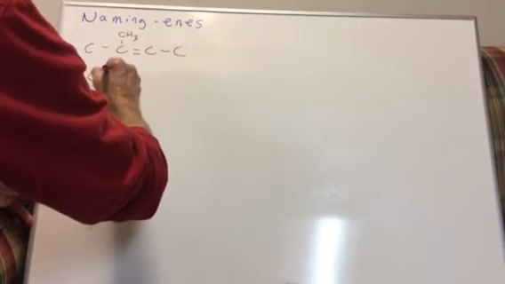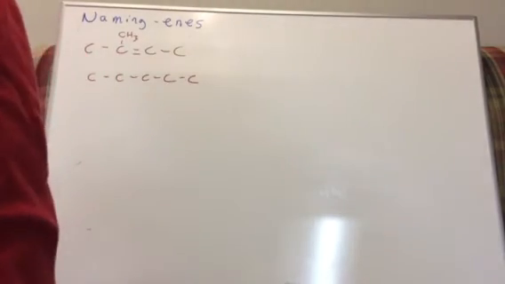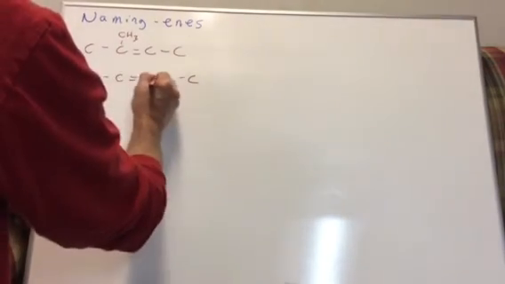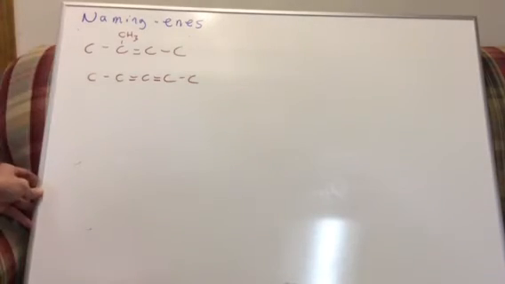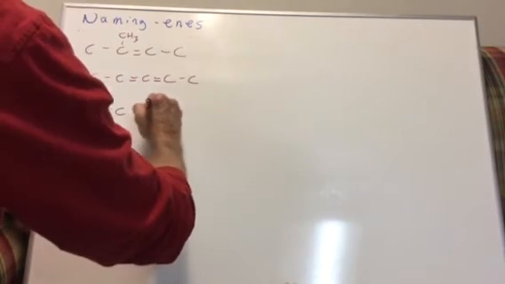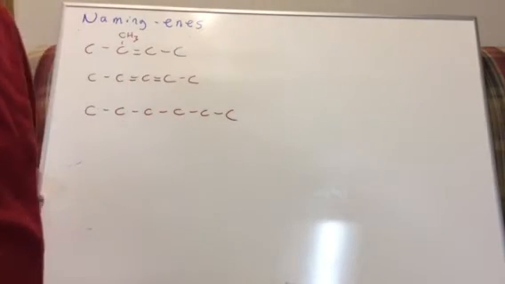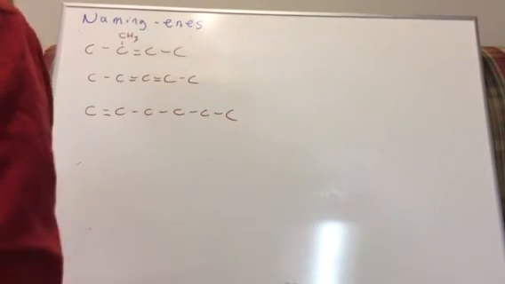On 7, pentadiene, penta is 5. You've got 2, 3, so on number 2 carbon and 3 carbon, 2,3-pentadiene. Number 8 is hexene, 2, 3, 4, 5, 6, and you're told that it's 1-hexene, so that is here.